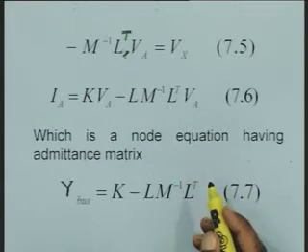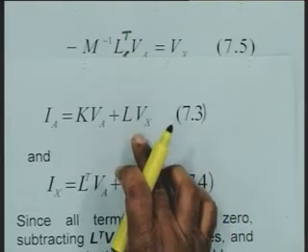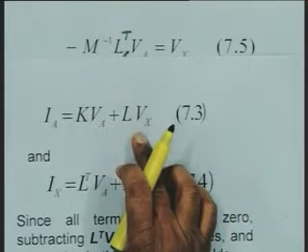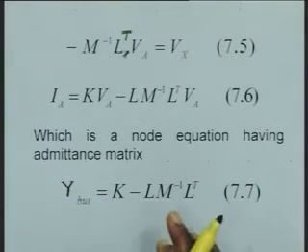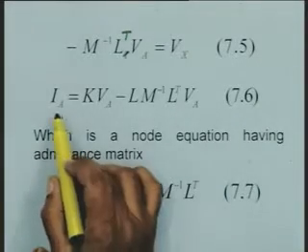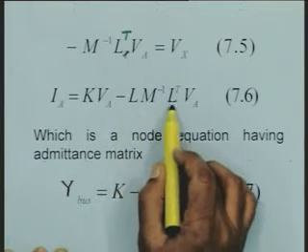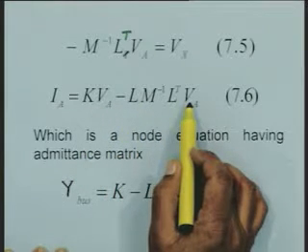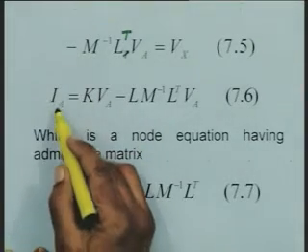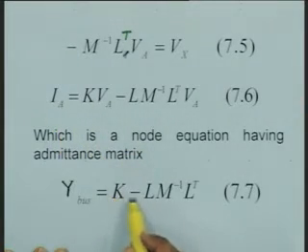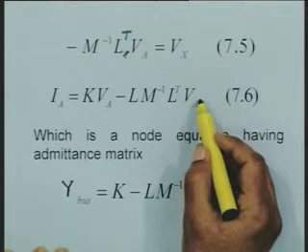So, what we do is substitute the expression for Vx in equation 7.3, so that this Vx is eliminated. The moment we eliminate Vx, you can write down the equation in the form Ia equal to K times Va minus L M inverse L transpose times Va. And therefore, this equation can be put in the form Ia equal to K minus L M inverse L transpose into Va.